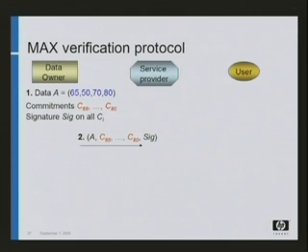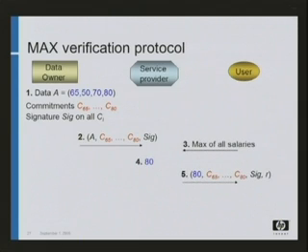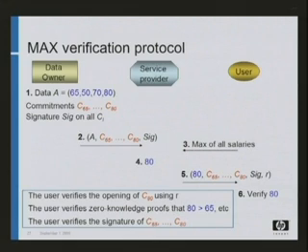All right. So for the max verification protocol, the setup is exactly the same as before. The data owner generates commitments and signs the commitments. Now, if the query is a max of all the salaries, 80 is returned, along with the commitments, the signature, and also R. So the user will have to verify 80 is actually greater than or equal to the rest of the data entries.